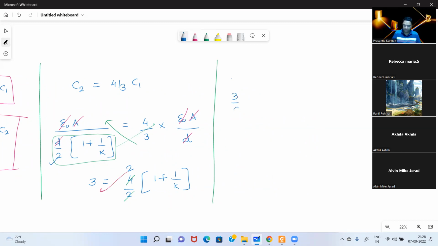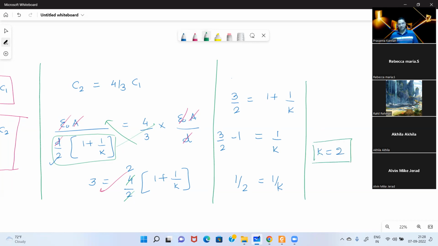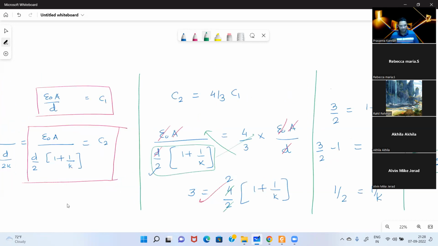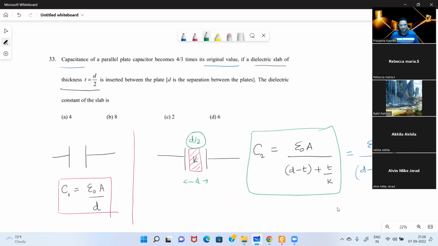So 3 by 2 is equal to 1 plus 1 by K, or in other words, 1 by K will be equal to 3 by 2 minus 1. 3 by 2 minus 1 is nothing but 3 minus 2 by 2, which is 1 by 2, equal to 1 by K. Therefore the value of K is 2. So which is the right answer? The third option.